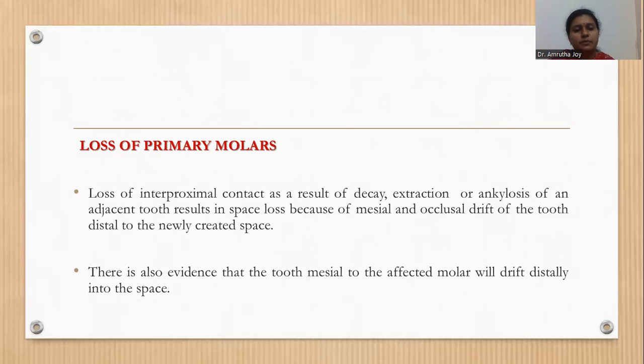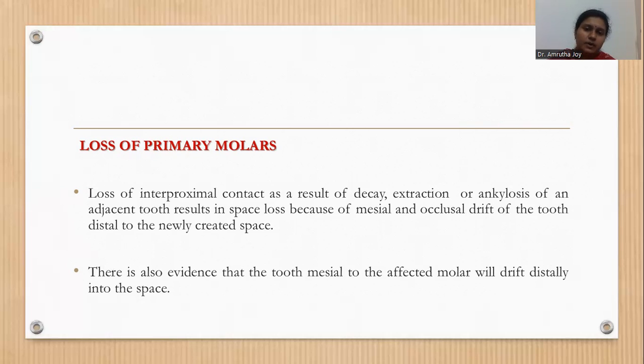Loss of primary molars, that is loss of interproximal contact area or contact with the adjacent tooth, or extraction or ankylosis of an adjacent tooth, results in space loss because of the mesial and occlusal drift of the tooth distal to the newly created space.